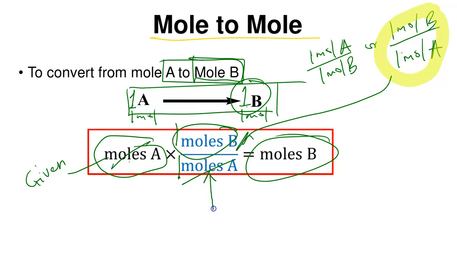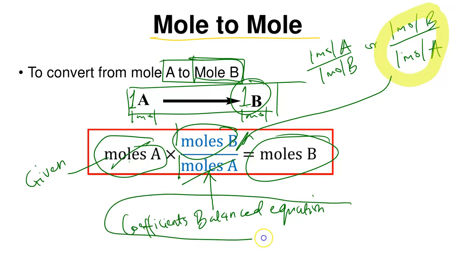They are given from the coefficients of the balanced equation. That is where we get this from. When you apply that, you get your answer in moles, and this becomes a direct one-step problem. This one does not involve the molar mass because there's no need to do that.